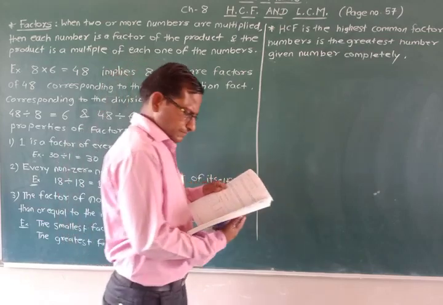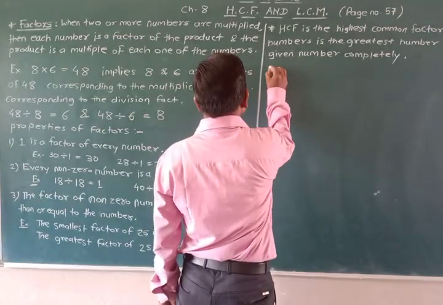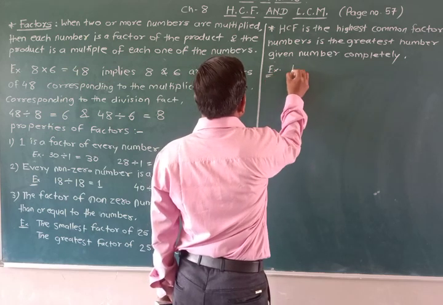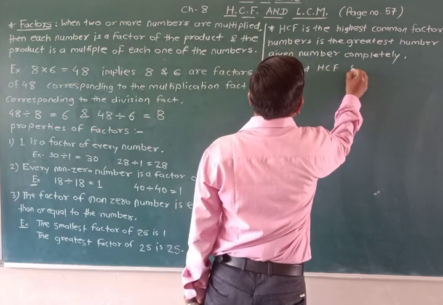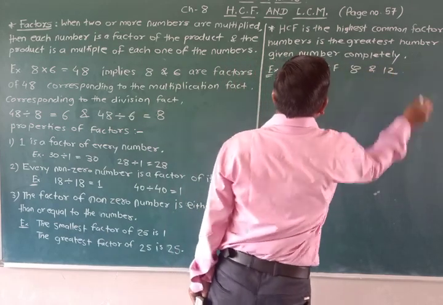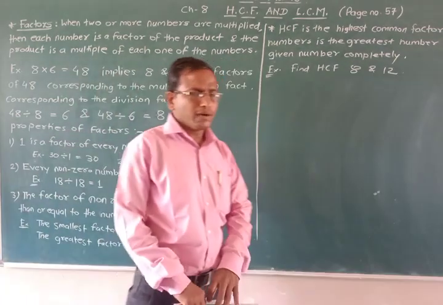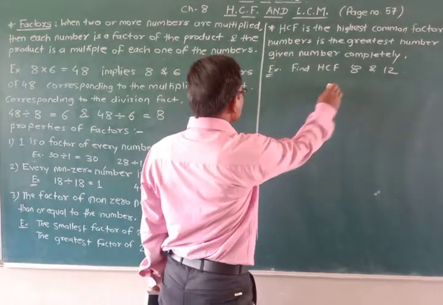Example, find the HCF of 8 and 12. First you find the factors of 8 and 12, and then you find the highest common factor between these two numbers.